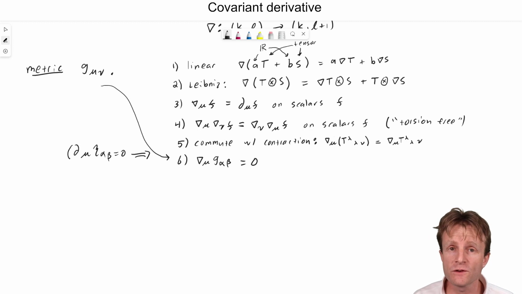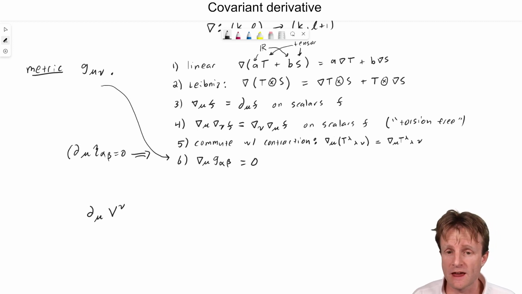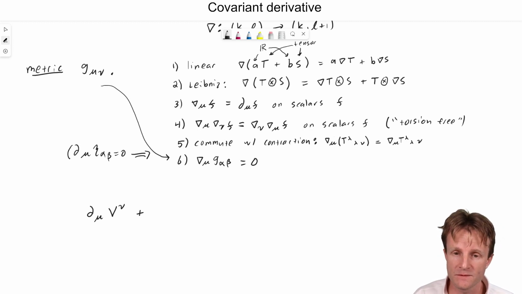Now, for the first two to be satisfied, a good starting point is the partial derivative, say, of a vector, because that's linear and obeys the Leibniz rule. But we don't want to restrict ourselves to that because we know that's not going to work with the other conditions. So we're just going to add a term that preserves linearity and the Leibniz rule.